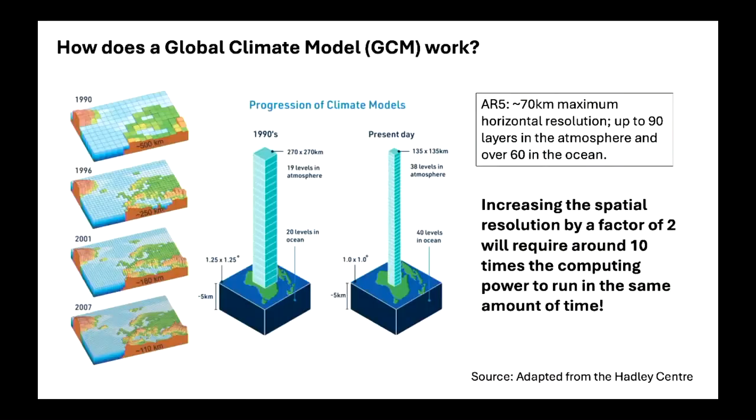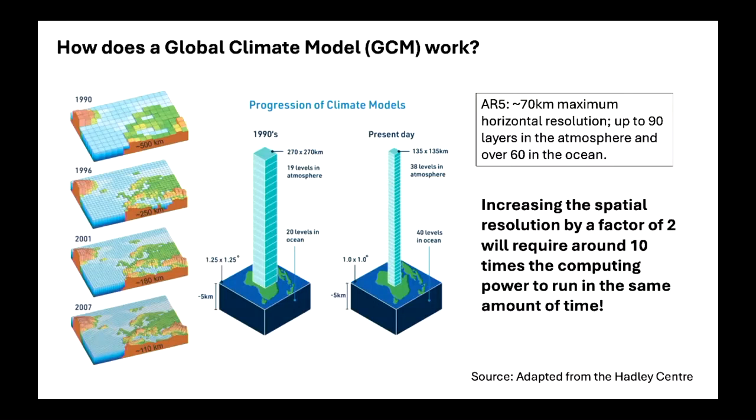But the development of our climate models has come a long way. Here I'm showing the increasing resolution of climate models used through our first 4 IPCC assessment reports. You can see the topography details really start to emerge as you increase the spatial resolution, right?